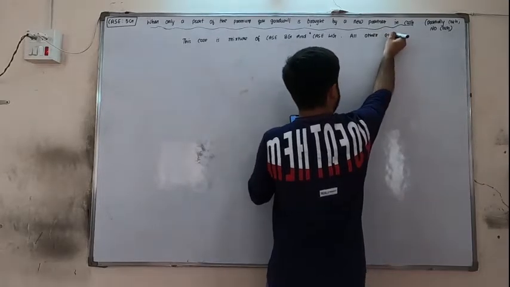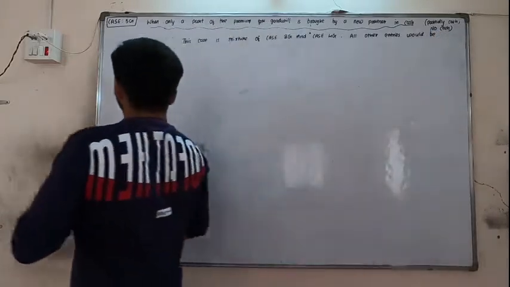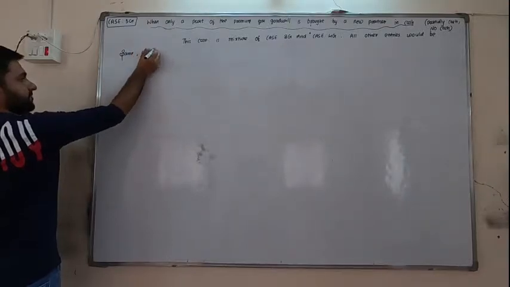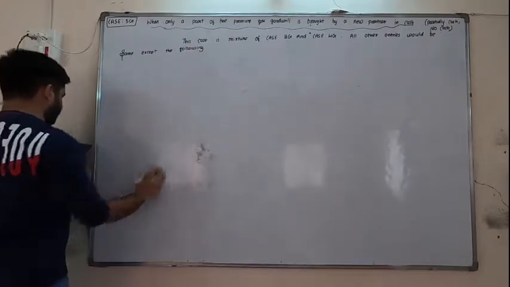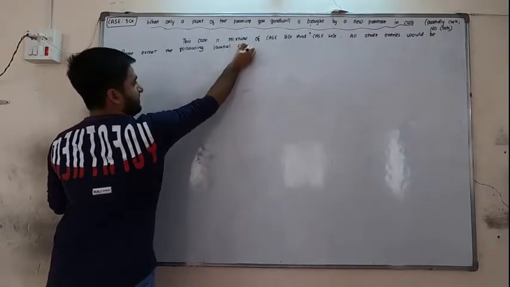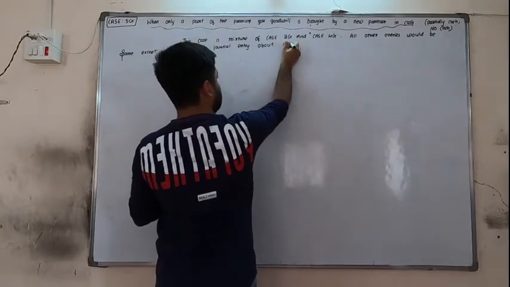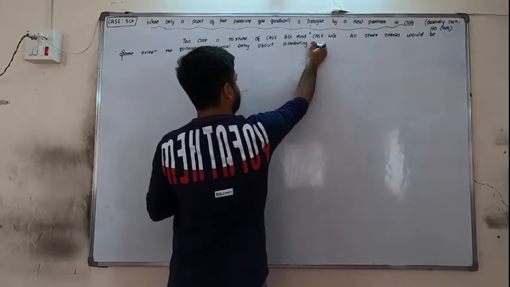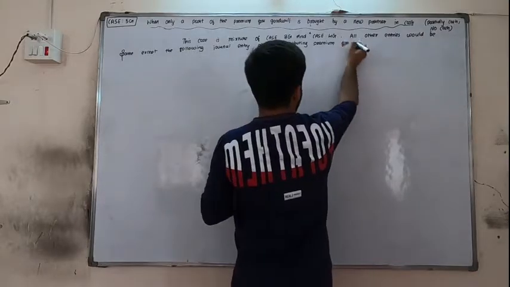All other entries would be the same except the following journal entry about distributing premium for goodwill.